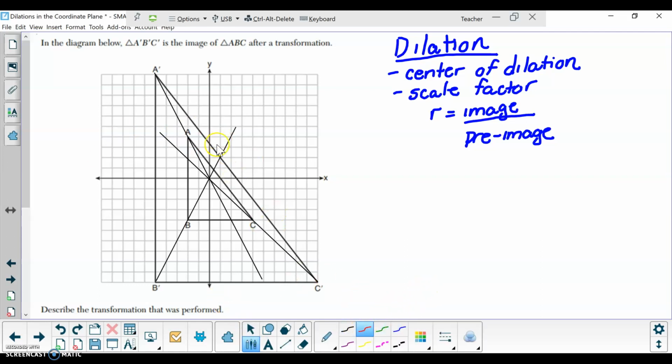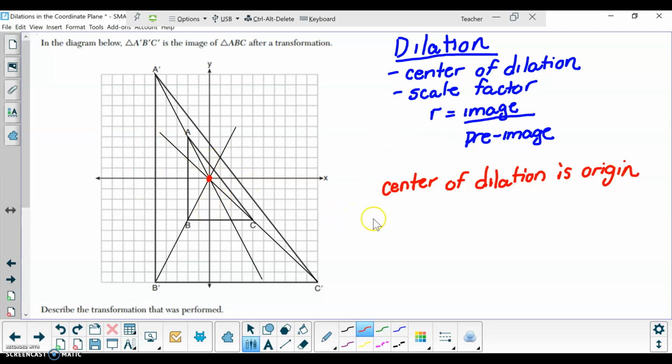You should notice that all 3 of those lines intersect at the origin. So our center of dilation is the origin. You can also say the point 0, 0 because that's obviously the origin as well.